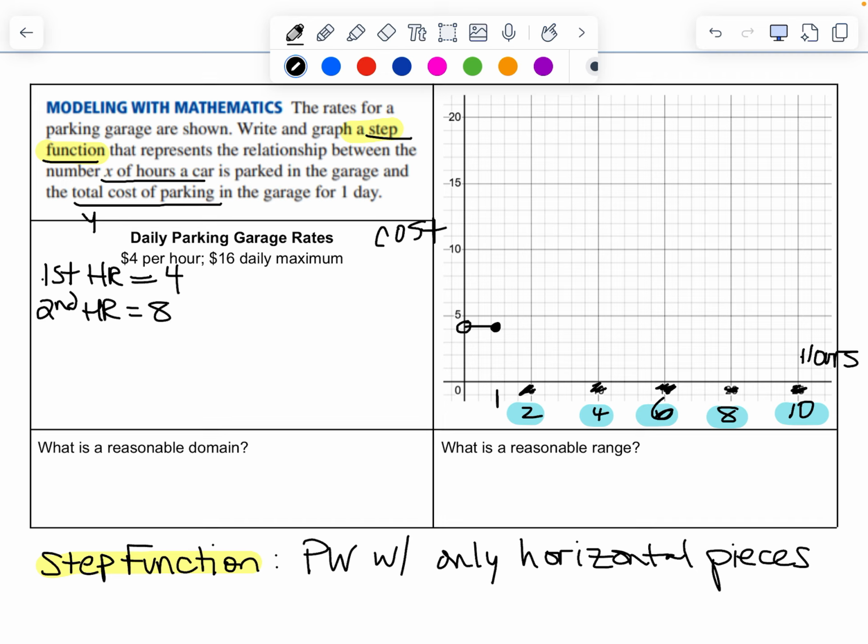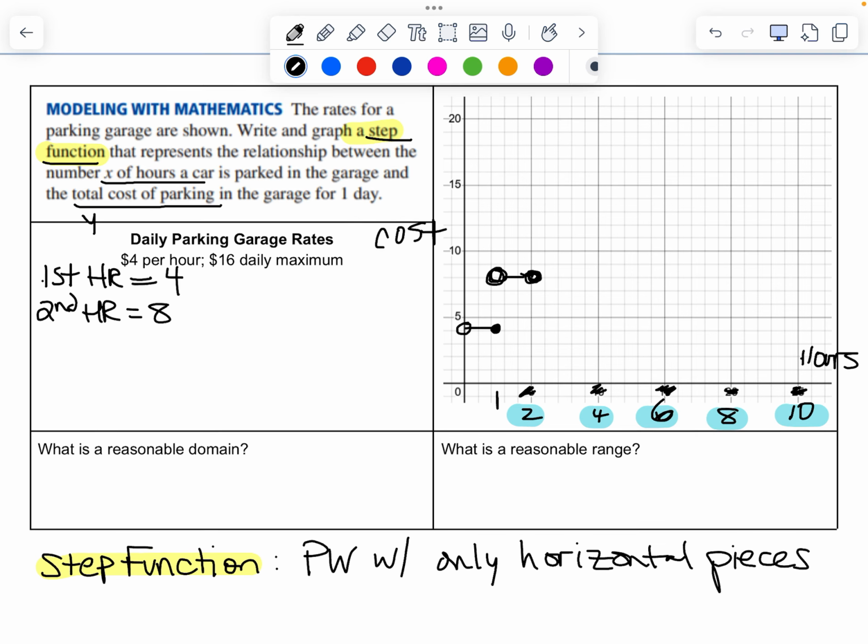So now I'm going up to the 8 location on this graph. Remember that I can't stack closed dots, so right there is going to be an open dot, and all the way over to the end, hour number 2 is right there. Let's make sure we draw a closed dot for that.